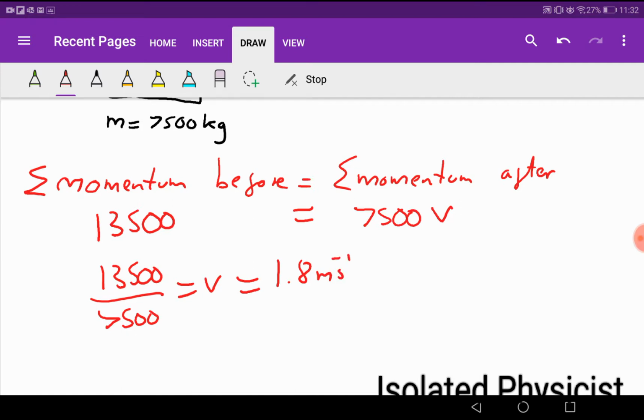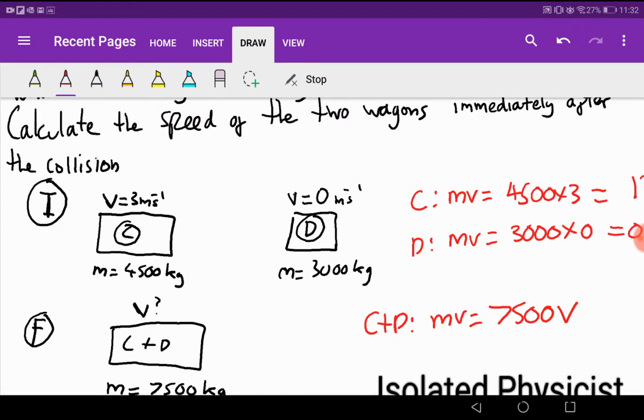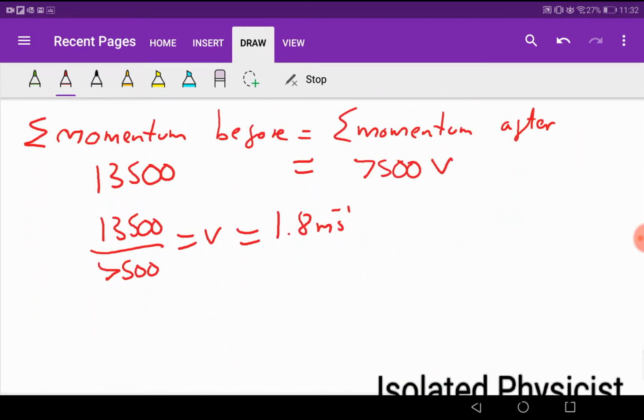And now we're quite lucky in this question. Nothing was bouncing off or going backwards. I should have done this at the start: the answer is positive, not opposite direction, which means it's going in the same direction as it started. So a little sentence at the end is really good here.